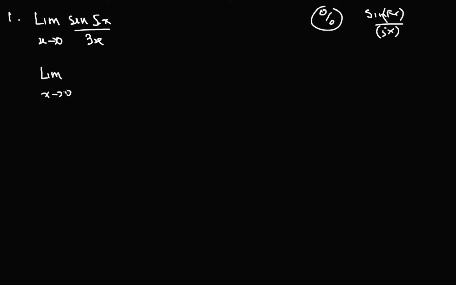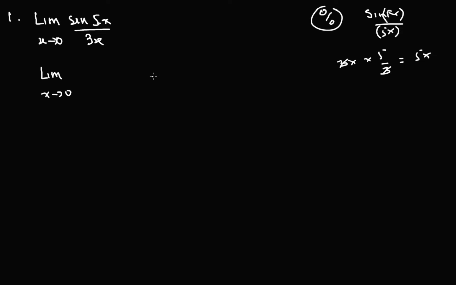We still maintain our limit. If I wanted to make 3x as 5x, I can multiply by 5 over 3, so that these cancel, then I get 5x.